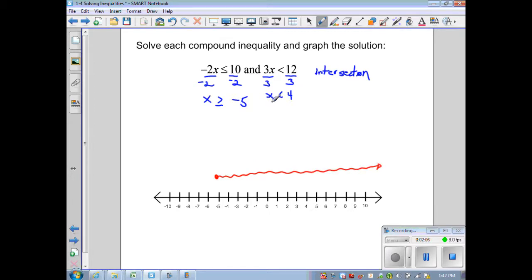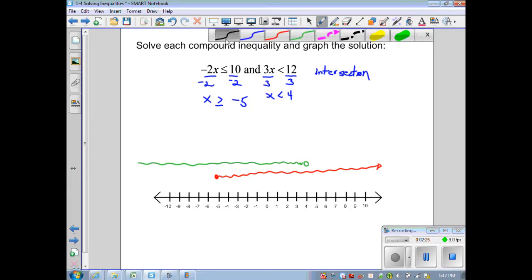On the other problem, what I would have is graphing everything less than 4. So I'm going to graph here an open point at 4 and all points less than 4.